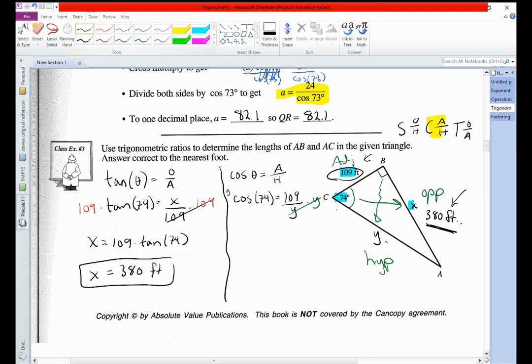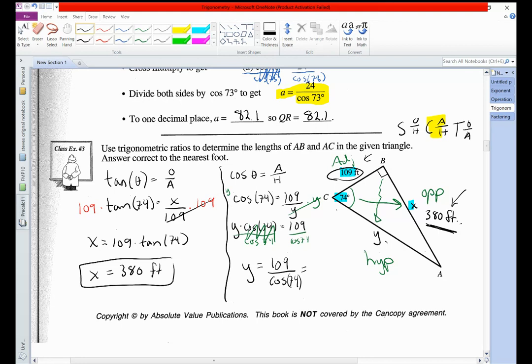Now I'm left with y multiplied by cos of 74 is equal to 109, and I can divide both sides by cos of 74. Cancels on this side. So now I have y is equal to 109 divided by cos of 74.